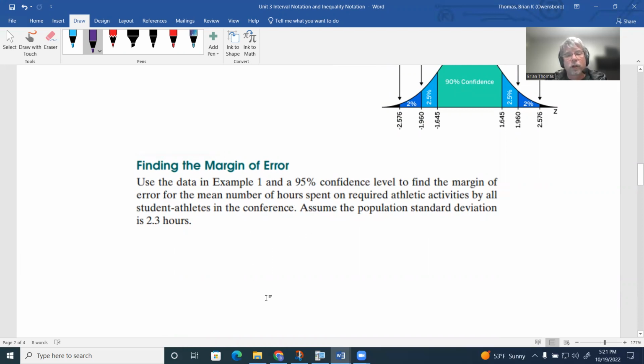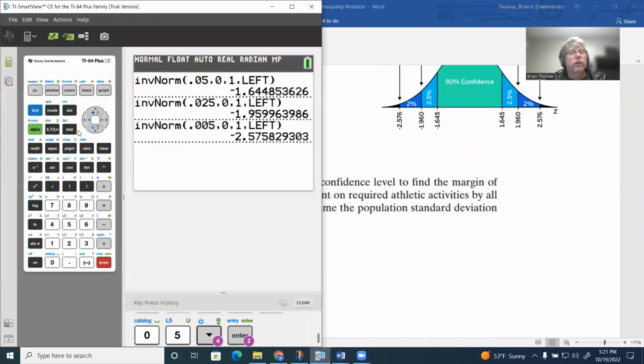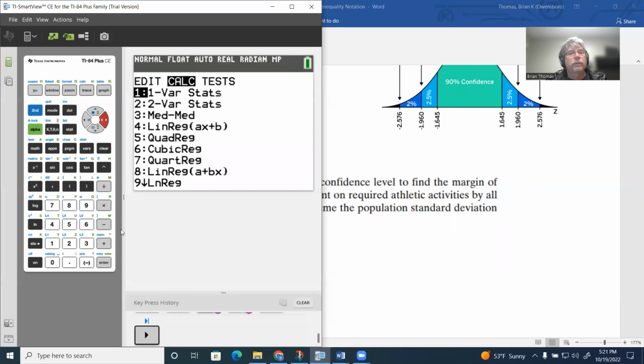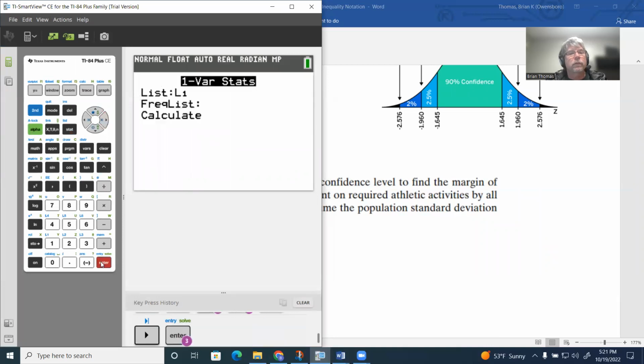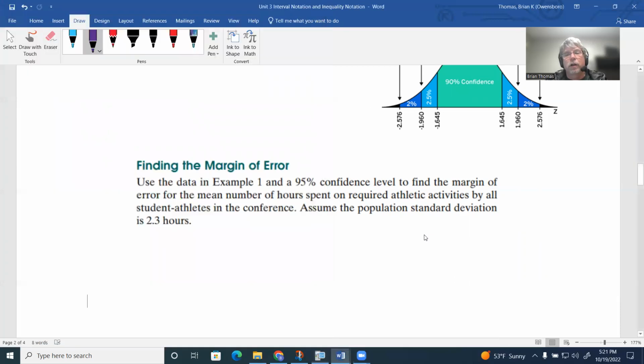Now notice in our calculator, if I look at stats and go back to calculate, it gives us sigma is 2.4. So it does give us a standard deviation there. But also here it's 2.3.